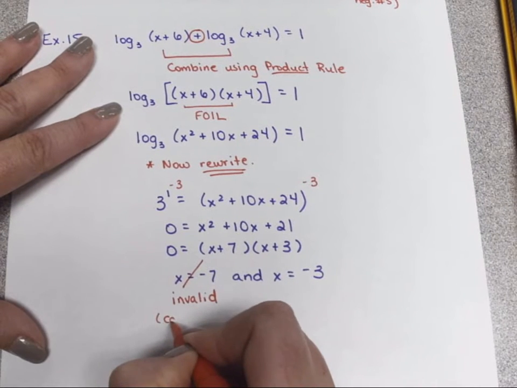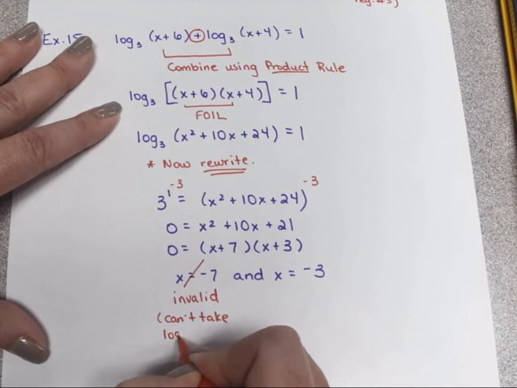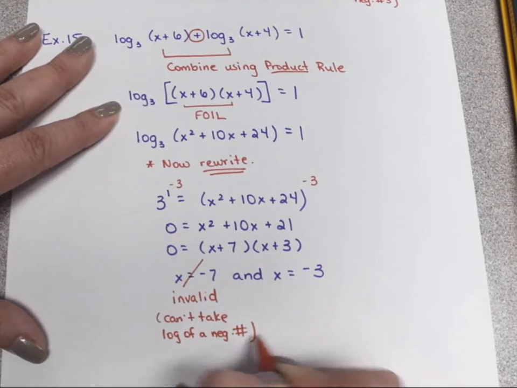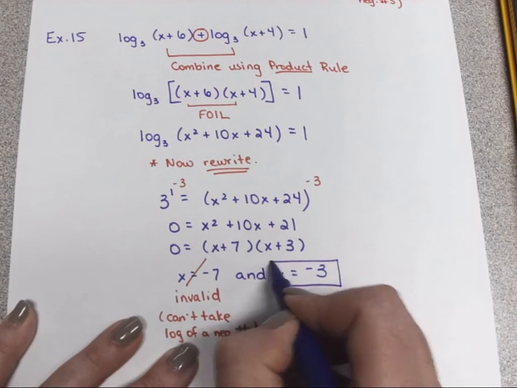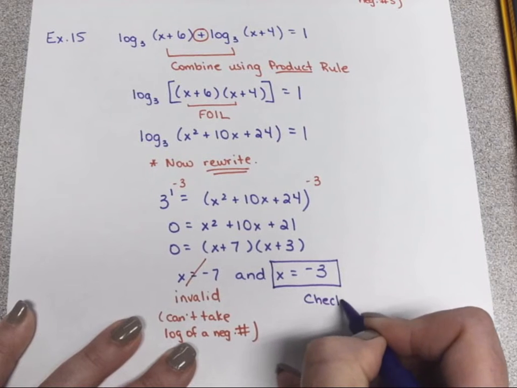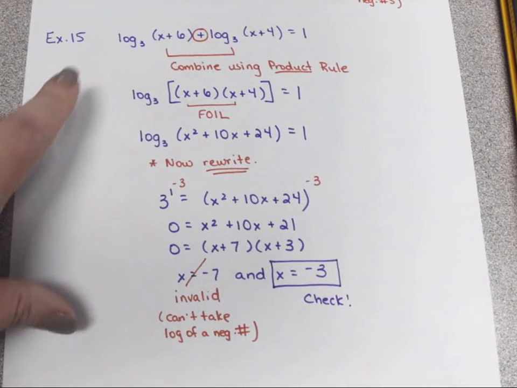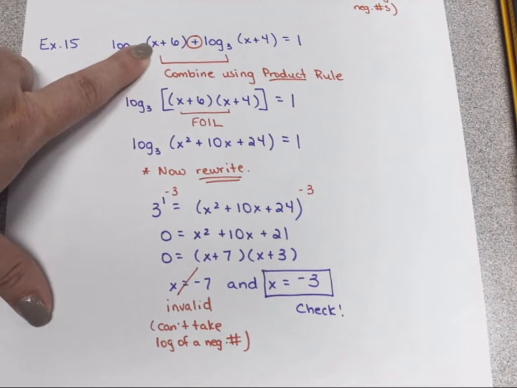Okay, again, we can't take the log of a negative. But I'd like to bring up a point that this one's actually okay. Even though it's negative, why is this one okay? Because when you go to plug it in, what's -3 plus 6?